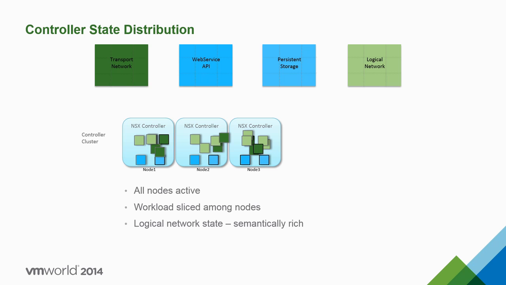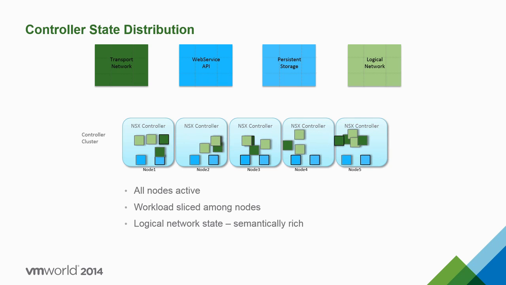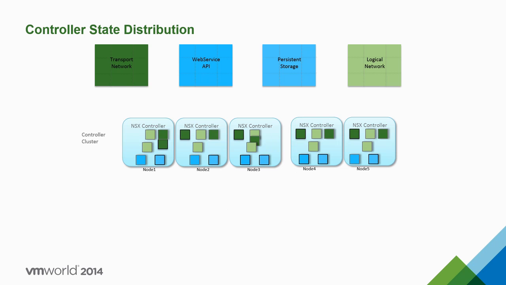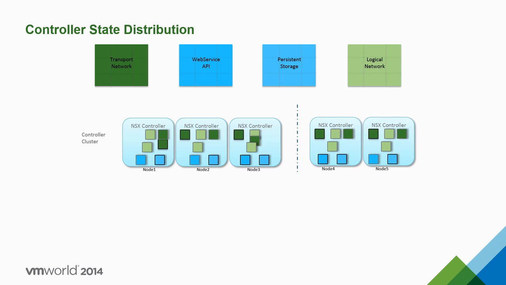And we can make the cluster bigger, and we can spread the state out across different nodes in the cluster. So you can actually imagine taking a cluster like this and splitting it, and now you could start thinking about having that as a sort of a federated solution where one part of the cluster could be running one set of hypervisors and another part of the cluster could be running another set of hypervisors.